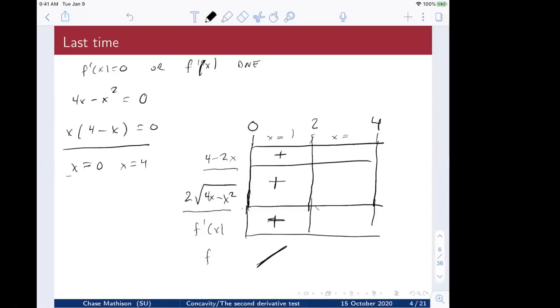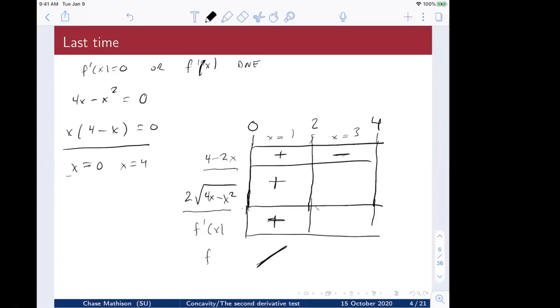All right, what test point should I take between x equals 2 and x equals 4? x equals 3. Excellent. So what sign does 4 minus 2x have at x equals 3? Negative.